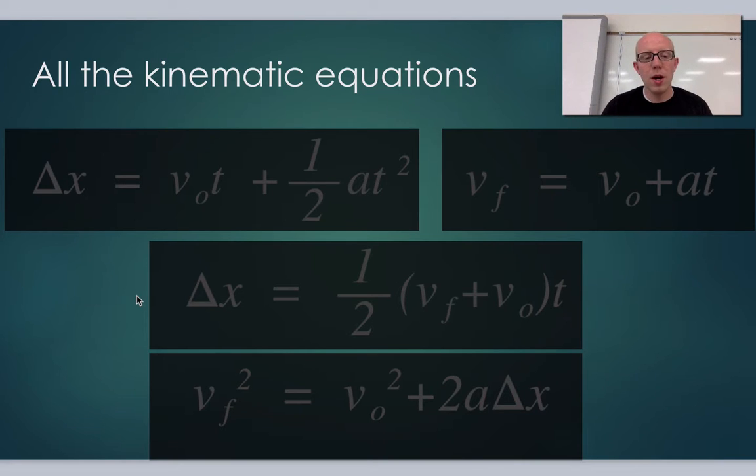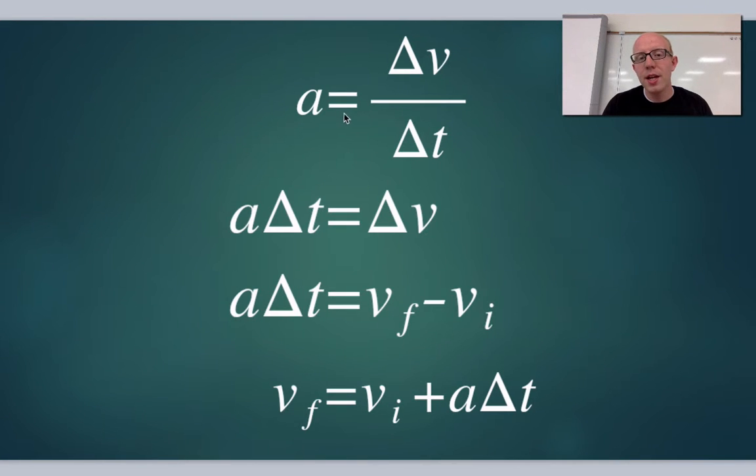Well, the first one to find is really simple, and we actually did this one in class. If we just start with the acceleration equation, change in v over change in time, and then we multiply change in time over to the other side, we get acceleration times change in time equals change in velocity.